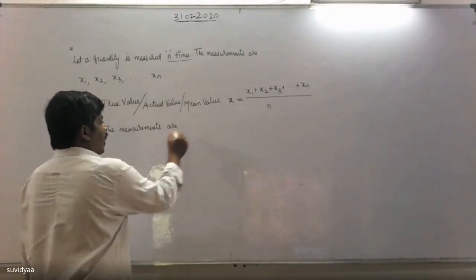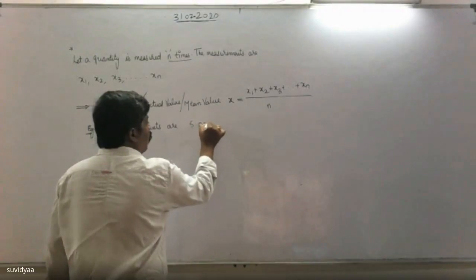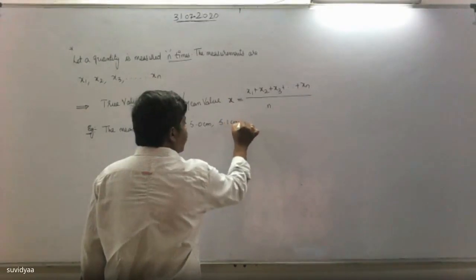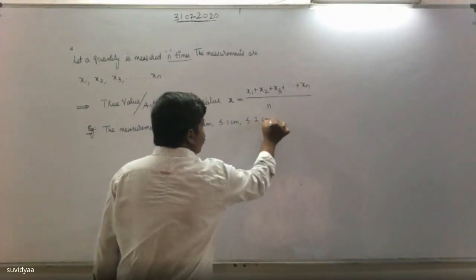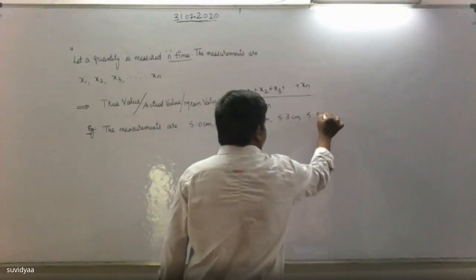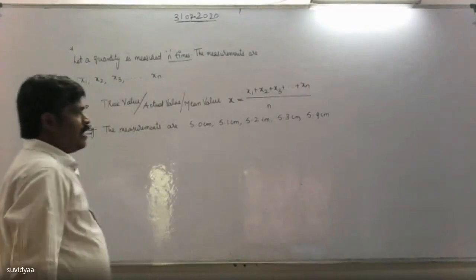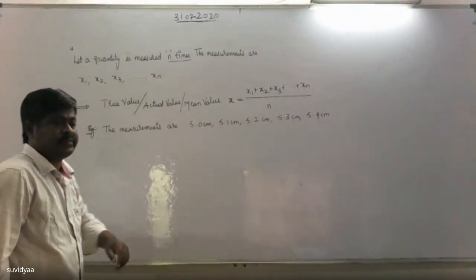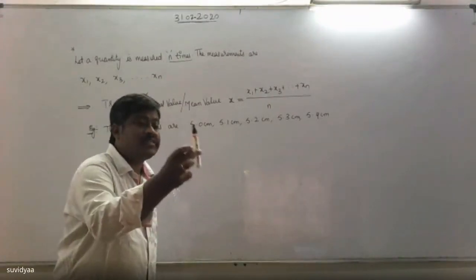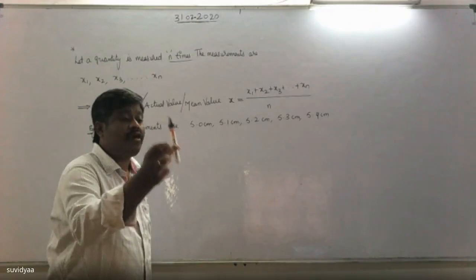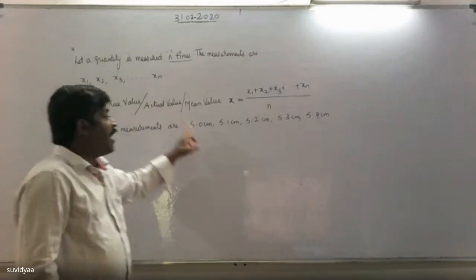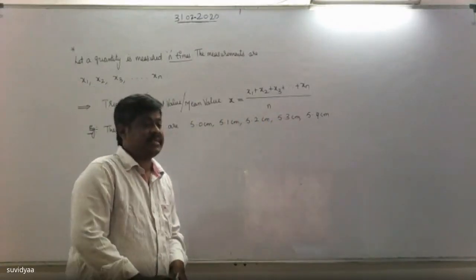For example, I got 5.0 centimeter, 5.1 centimeter, 5.2 centimeter, 5.3 centimeter, and 5.4 centimeter. Understand? I got the readings like this.